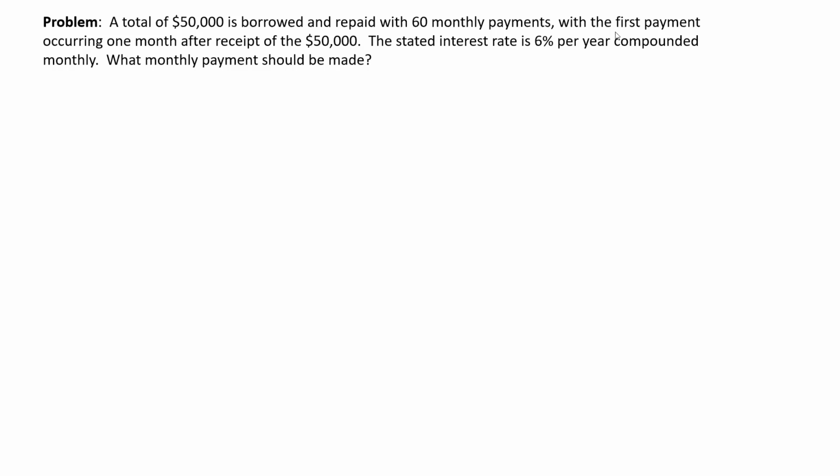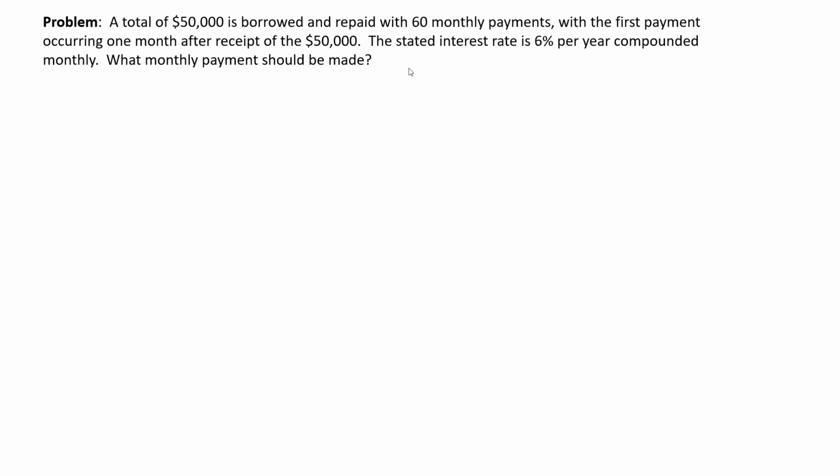And the first payment is 1 month after the receipt of that thing. So at t equal to 0, you're borrowing this, and t equals 1 month, you're paying your first payment, and t equals 2, you're making the same payment as you did in the first month. So every month you make the same payment.